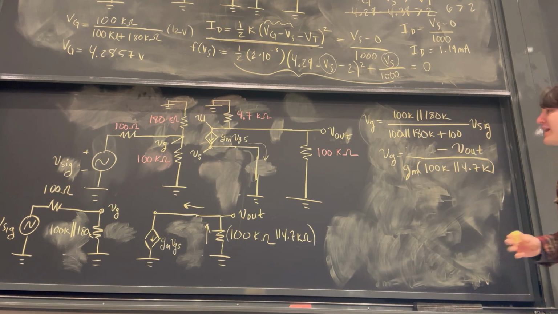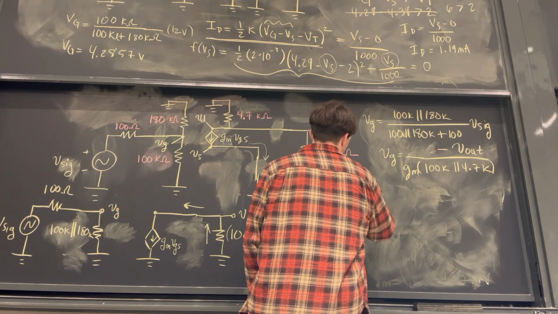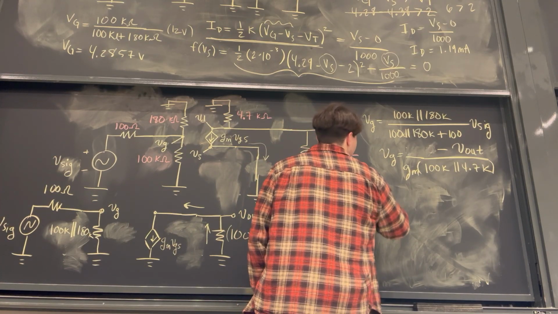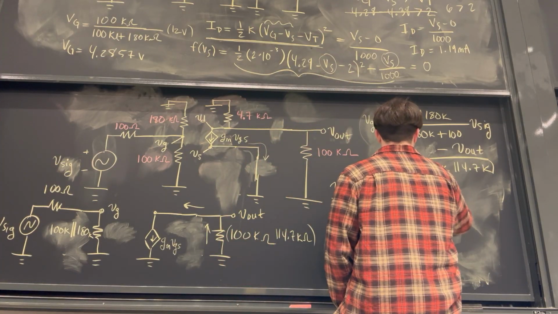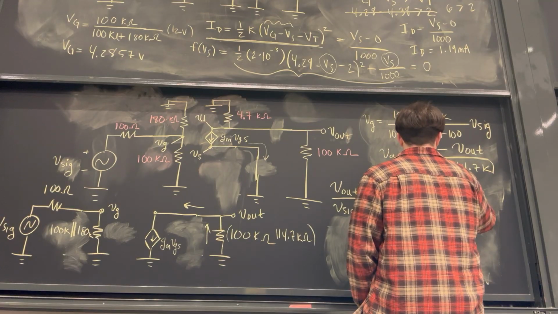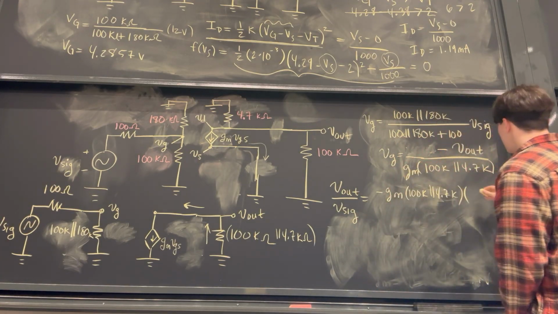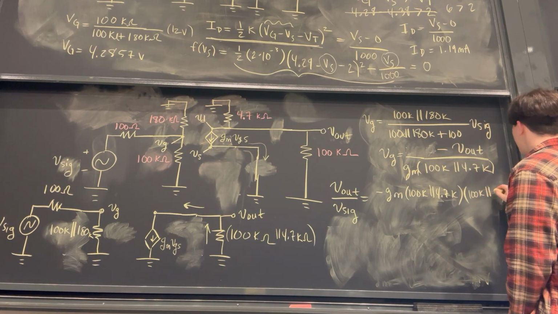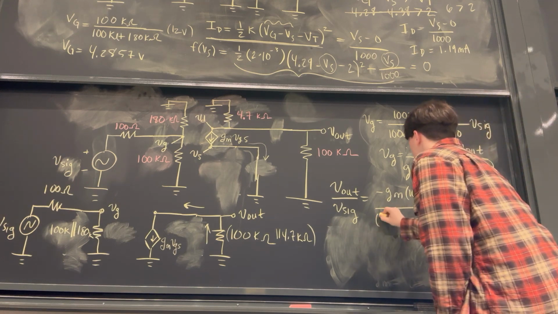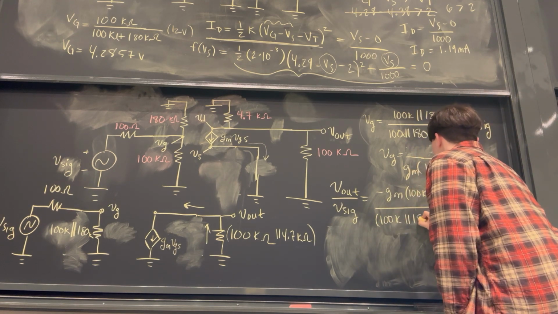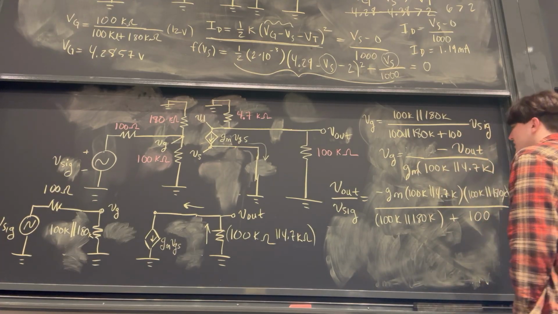If you just go ahead and write everything out, you're going to find at the end of the day that V out over V sig is going to equal negative GM times 100K in parallel with 4.7K times 100K in parallel with 180K, all divided by 100K in parallel with 180K plus 100.